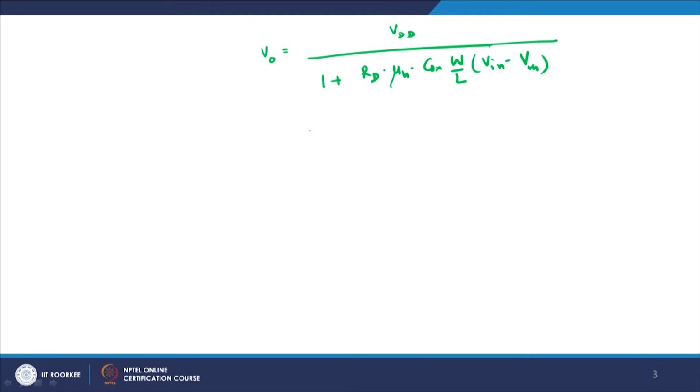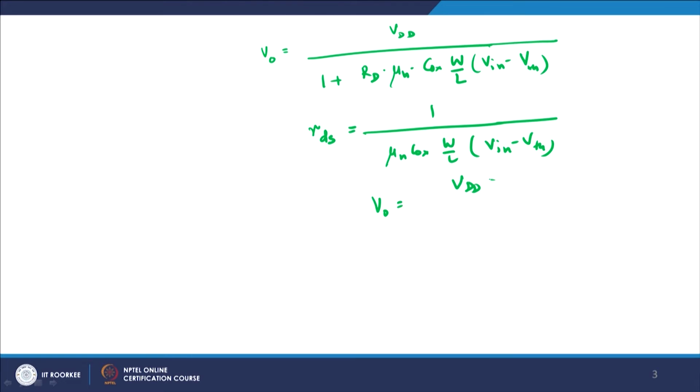We refer to RDS as the drain to source resistance, as 1 by mu n C oxide W by L V in minus VTH, and therefore I can write down V0 to be equal to VDD into RDS upon RDS plus RD.